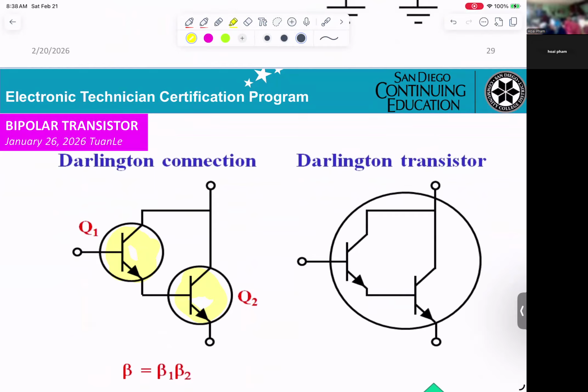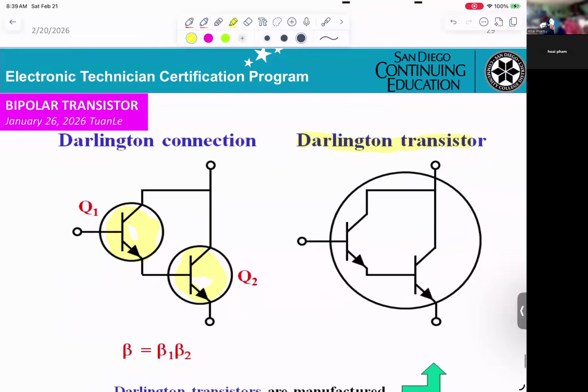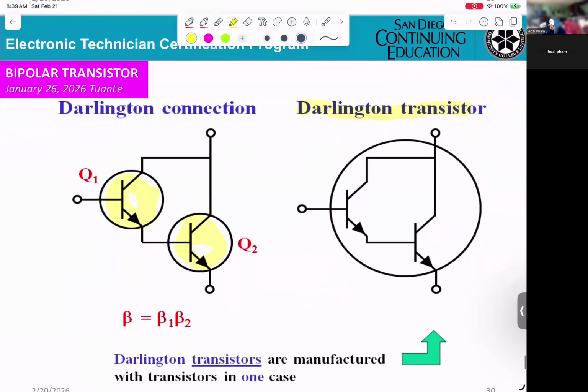They want more current, that's why they connect the circuitry this way. Also, you can buy a Darlington transistor, where they connect both inside the package. A Darlington transistor is manufactured with two transistors in one package.